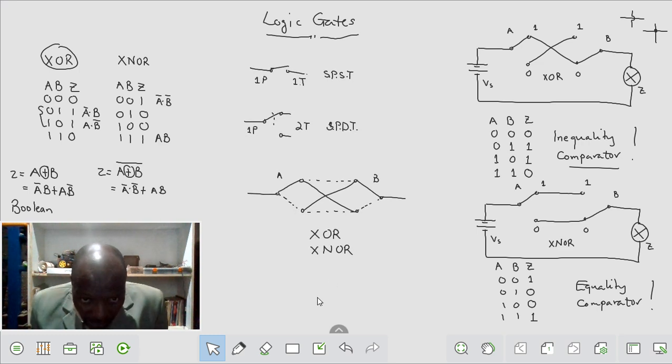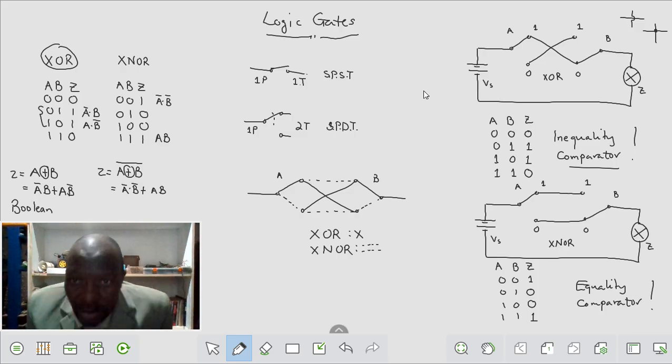Let me remind people that the exclusive OR has the X for exclusive OR, and the exclusive NOR is the equals, the equality comparator. But we didn't do our symbols.